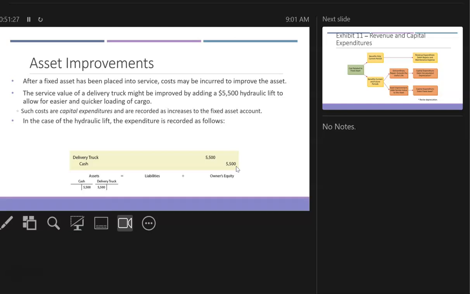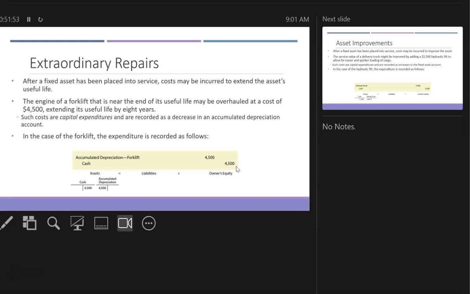The service value of a delivery truck might be improved by adding a $5,500 hydraulic lift to allow for easier and quicker loading of cargo. Such costs are capital expenditures and are recorded as an increase to the fixed asset account. Here we would debit our delivery truck and credit our cash. In this one, I guess they're calling it an extraordinary repair, and they decrease the accumulated depreciation.